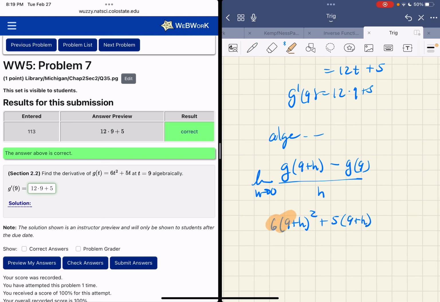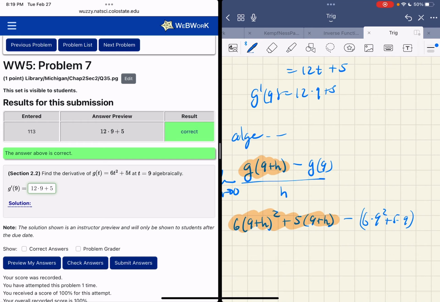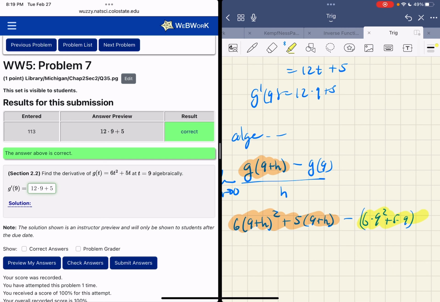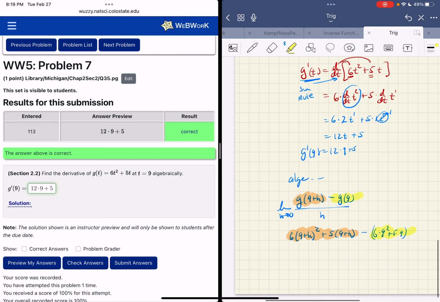Okay, that is this. Then we have minus g at 9. What is that? That's 6 times 9 squared plus 5 times 9. And that whole thing is g of 9. So let's color that really quick. There's g of 9. And then we're supposed to divide by h. Take the limit as h goes to 0.